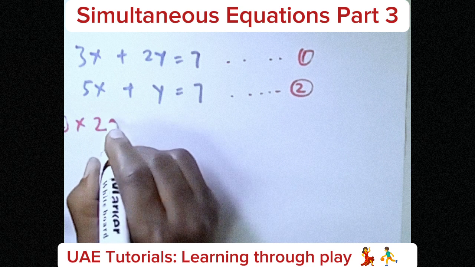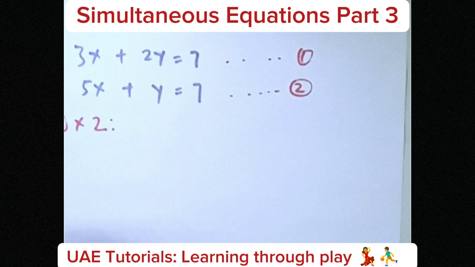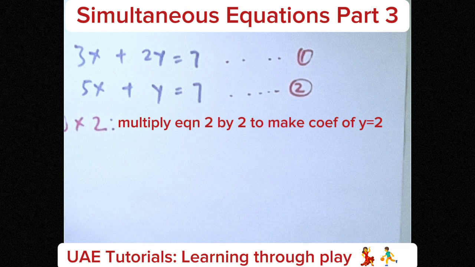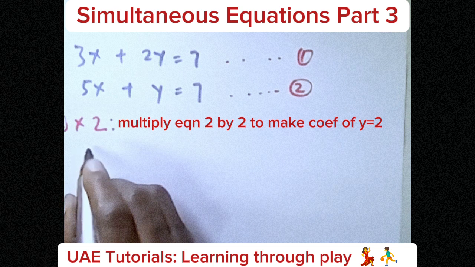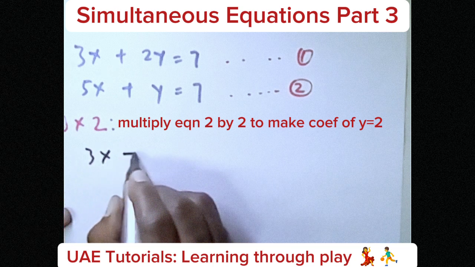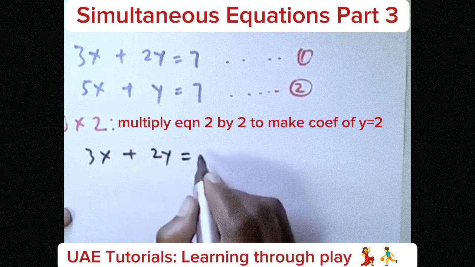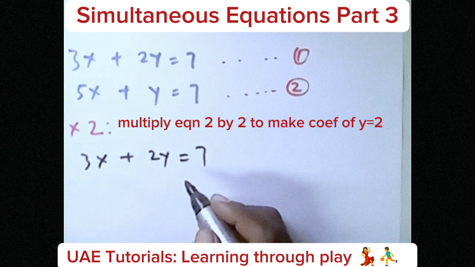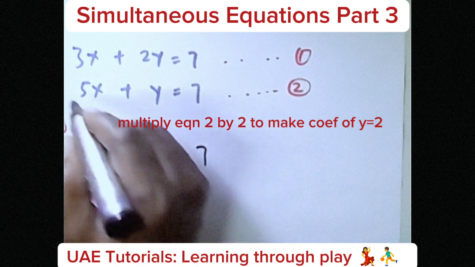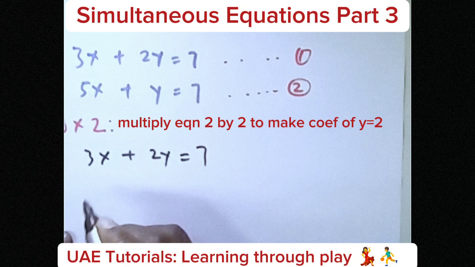And that will give us a new equation. Watch as we are going to do it. So we'll still drop our equation 1 here: 3x plus 2y equals 7. Nothing has changed in our equation 1. But for equation 2, we're asked to multiply the entire equation 2 by 2.